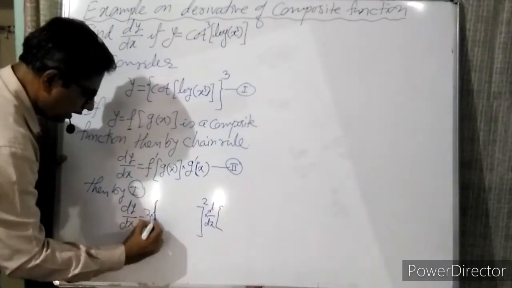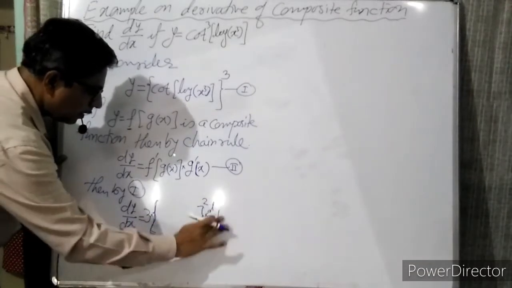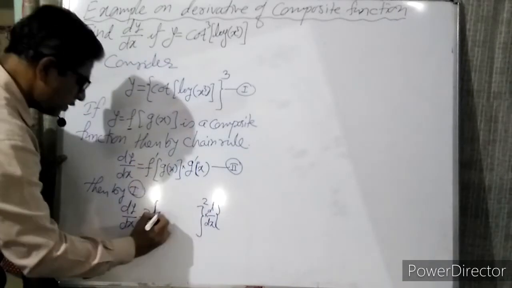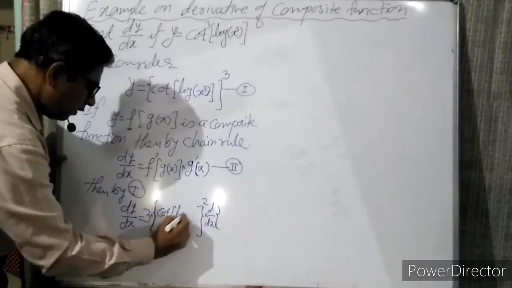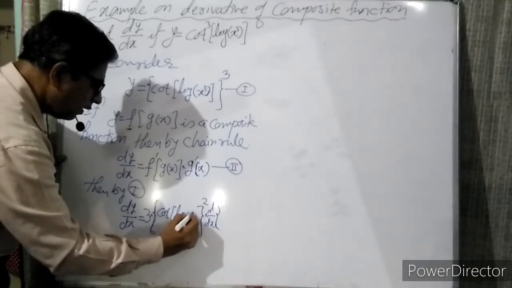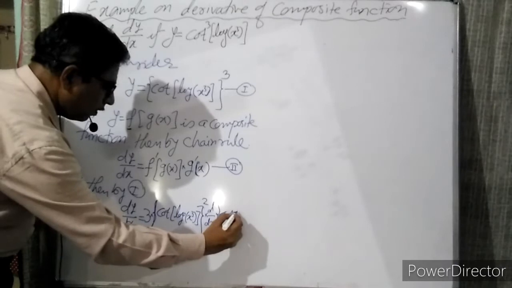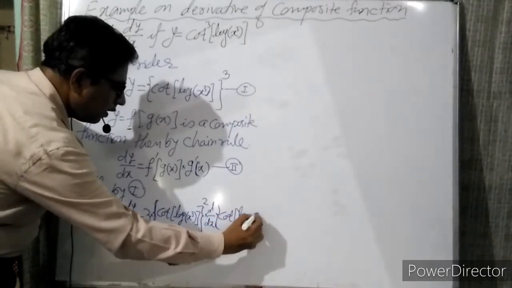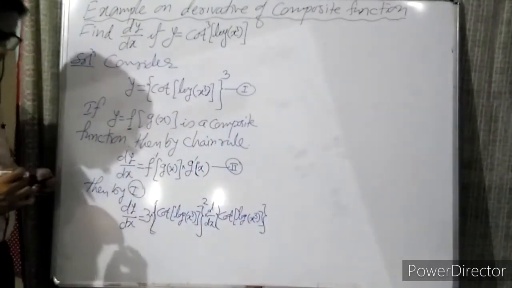I will consider the curly bracket. See what is that? It is cot of log of x cube, and this is cot of log of x cube. Okay.